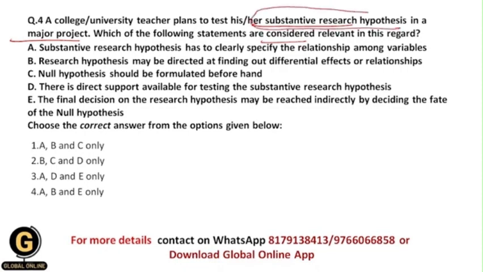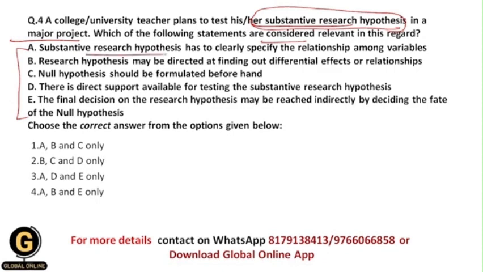Basically here he wants to test a substantive research hypothesis, and research hypothesis means alternative hypothesis. In this hypothesis we state, or we predict, that there is a relationship between the variables. Okay, so with regard to this hypothesis testing part, which of these following statements are correct?